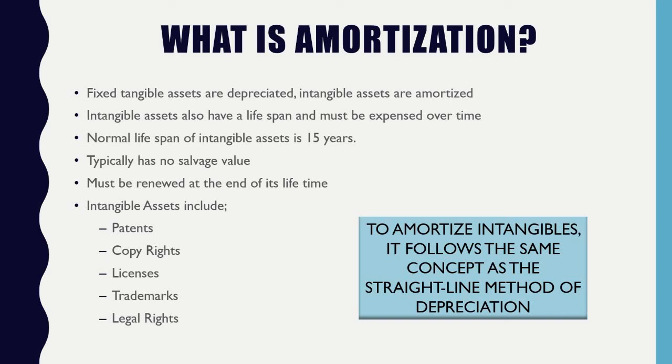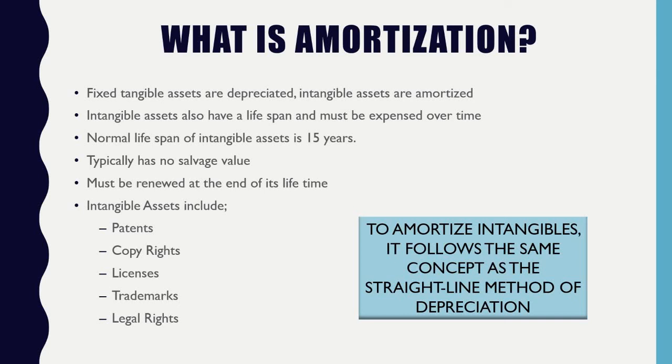Now, of course, there's a huge difference here, because when you purchase a license or a permit, it expires at the end of its life. There's no such thing as having a salvage value, because when we purchase our intangible assets, whatever you purchased it for is what its value holds.